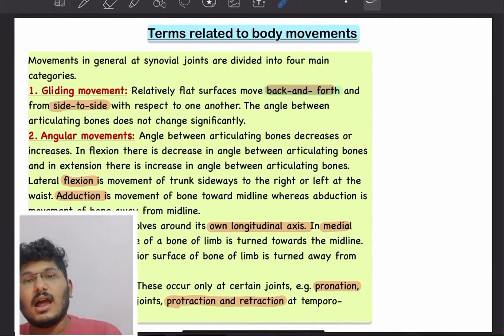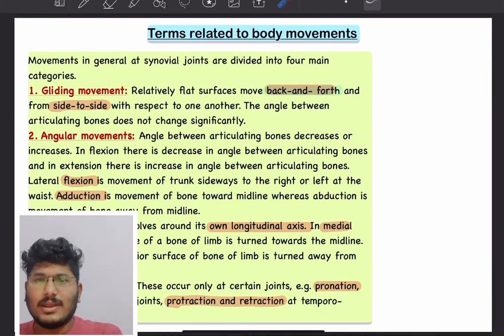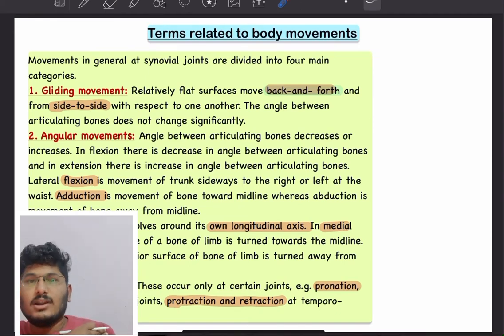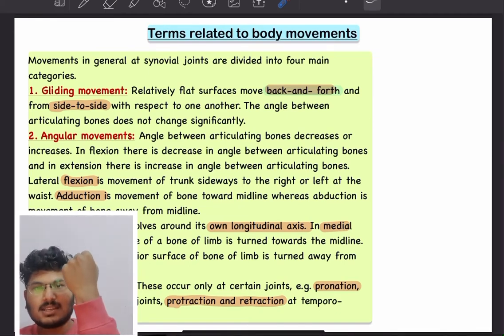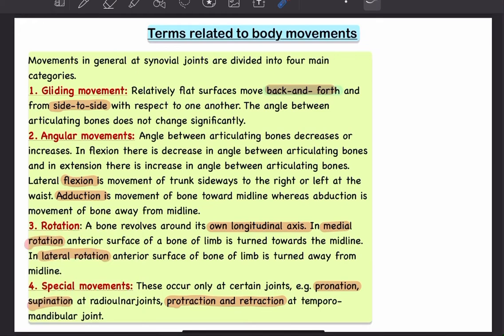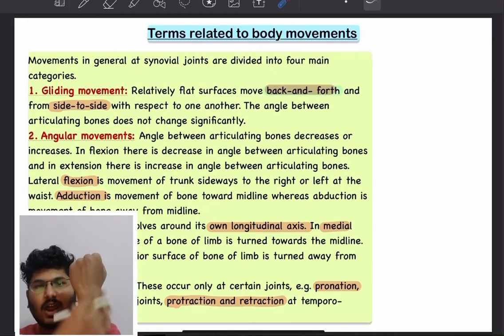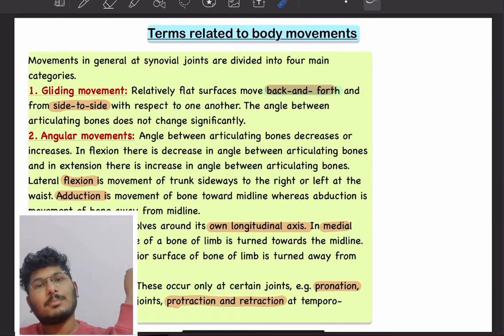So these are another 2 angular movements, very important: abduction and adduction. Abduction and adduction occur at many important joints, like here in the shoulder. If this forearm is coming towards the midline, this is called adduction of the forearm. If this forearm is going away from the midline, this is called abduction, bahar jane ka, so abduction of the forearm.